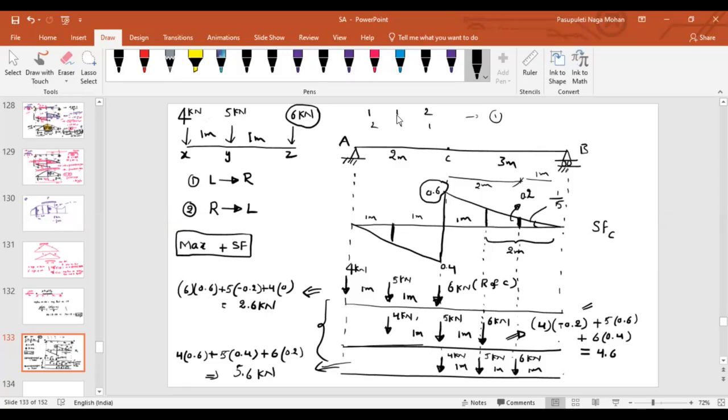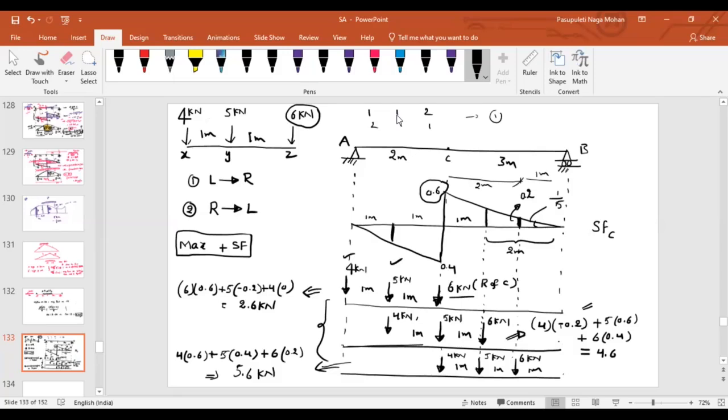So in this case, there are 3 logics that we have to understand. First logic is that even though the maximum load is placed under the maximum ordinate, we will not necessarily get the maximum value. Why? Because what about the other 2 loads?